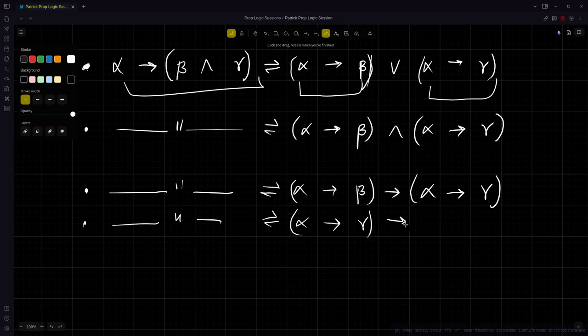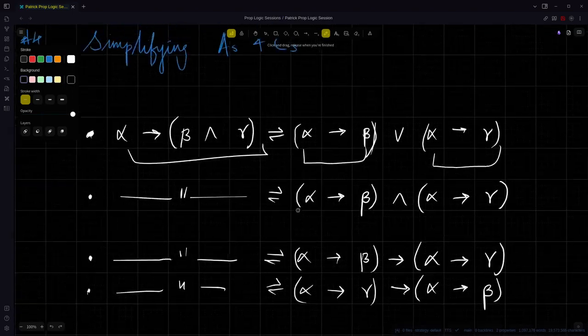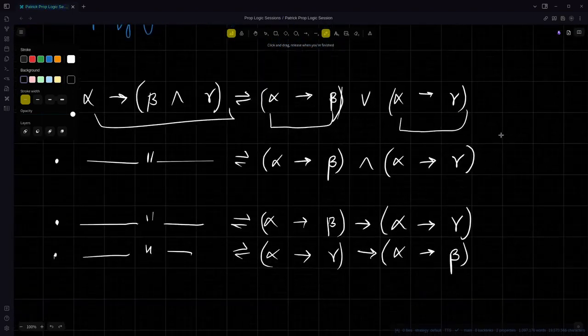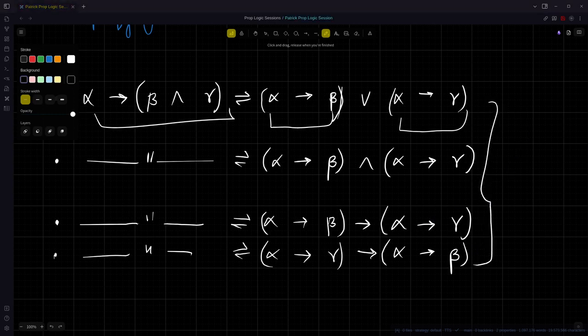Once you start seeing patterns, you'll start developing an intuition. So we had four tricks from this section, from switching antecedents and consequents, even though they are not there in the book.